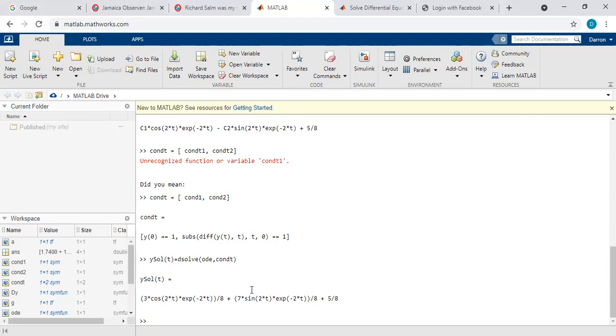All right, so if you put in the conditions, then it will solve it specific to the conditions. Okay.